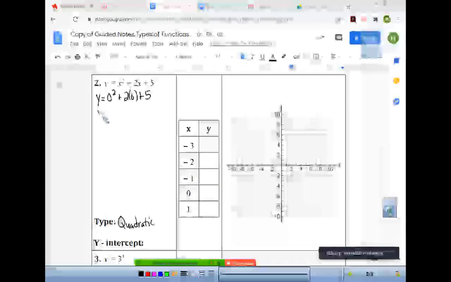And so we got 0 squared is 0, and 2 times 0 is 0. And then 0 plus 0 is 0, and 0 plus 5 is 5. So my y-intercept is (0, 5).